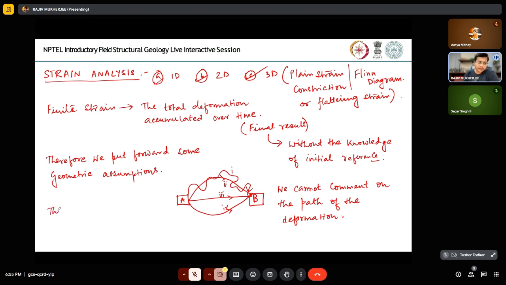The different paths are therefore assumed to originate from different initial geometry.